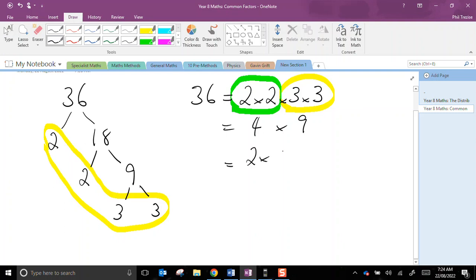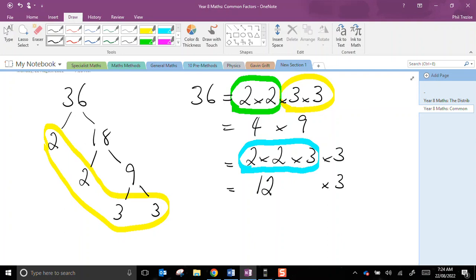If I go back to my 2 by 2 by 3 by 3, what if I had grouped together 2 by 2 by 3? Now 2 2s, as we know, are 4, 4 3s are 12, still by 3. So we've got lots of different ways we could have grouped together that 2 by 2 by 3 by 3 to produce lots of different factors.